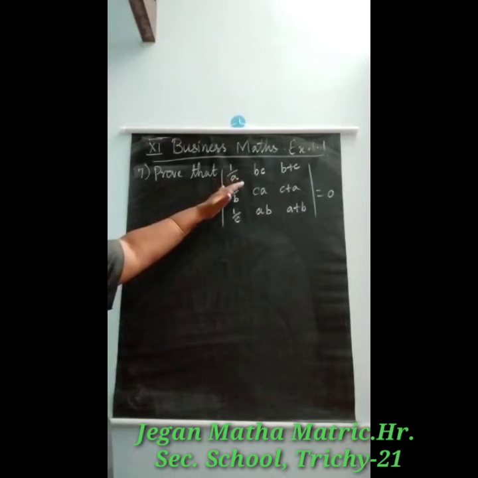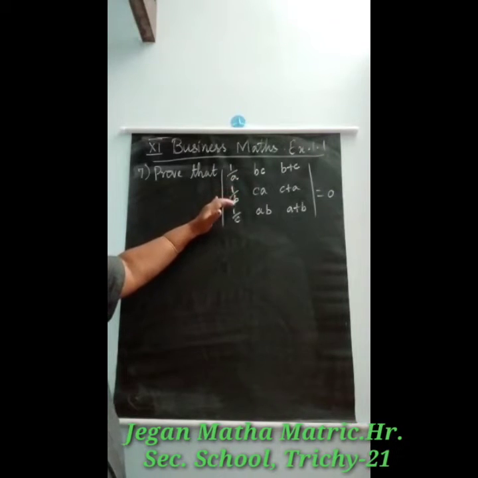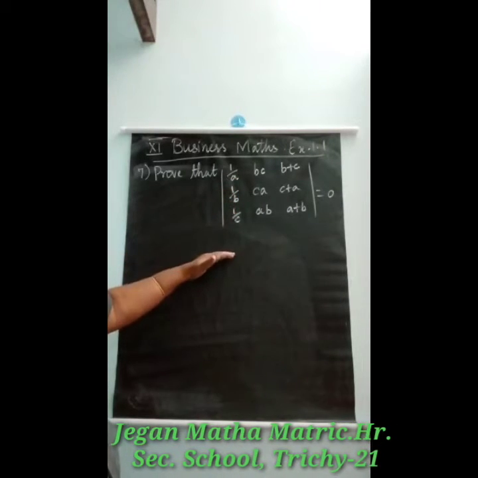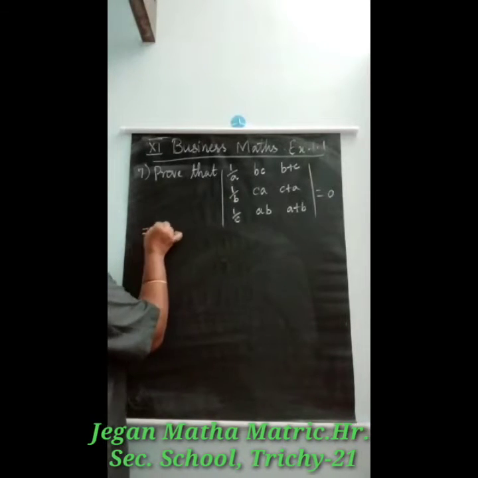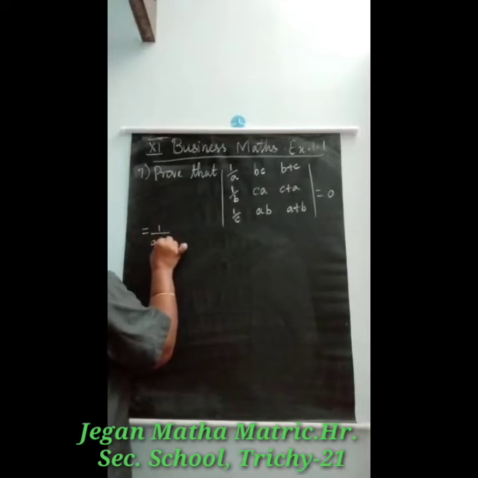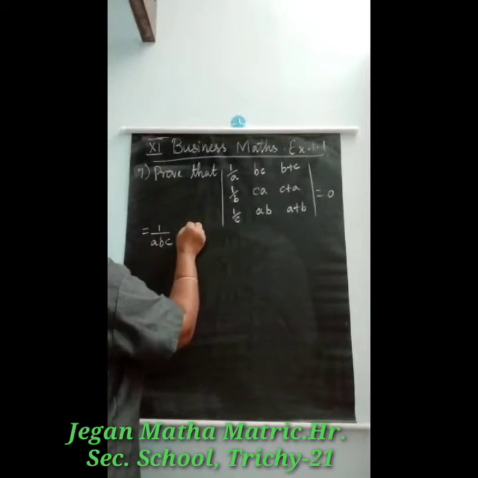First you have to multiply R1 by a and R2 by b and R3 by c and divide by abc. So that is equal to 1 by abc. You have to multiply and divide R1 by a.